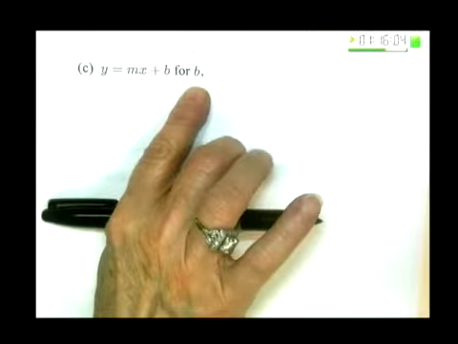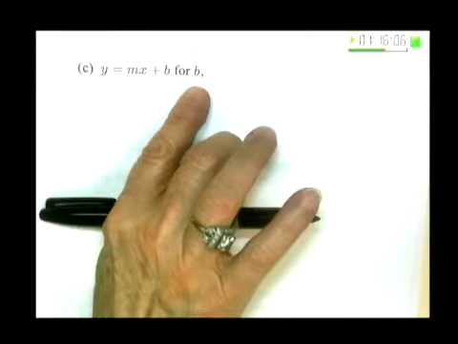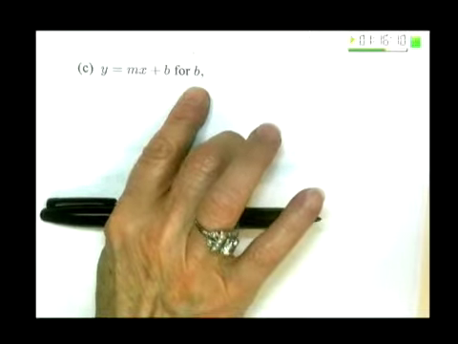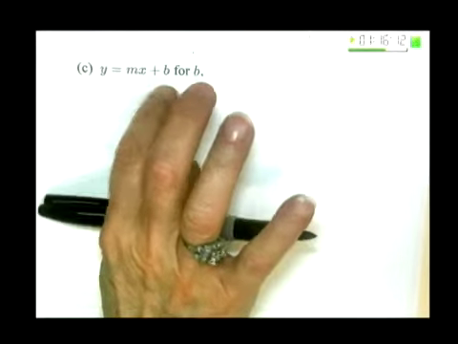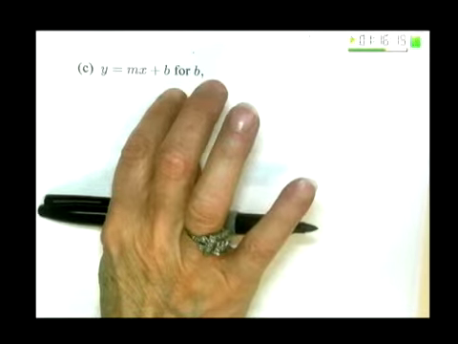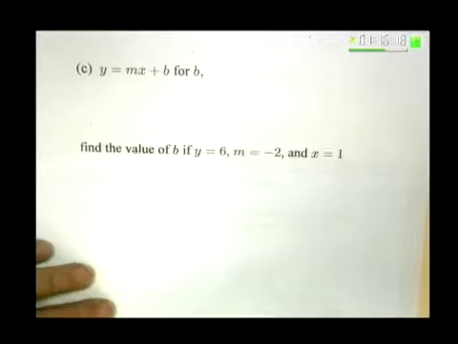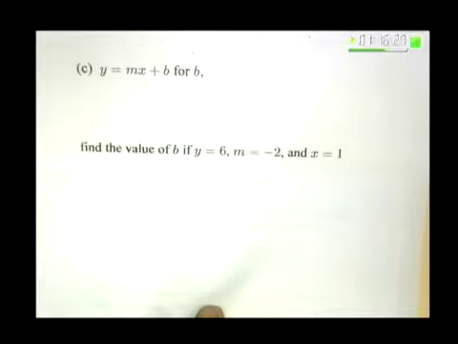If I were solving this equation for b, I would like to get b by itself. Now the actual instructions for this problem said, if I know the values of my variables y, m, and x, what is the value of b? So we can substitute in these values to find the value of b. They're trying to solve the equation for the value of b.